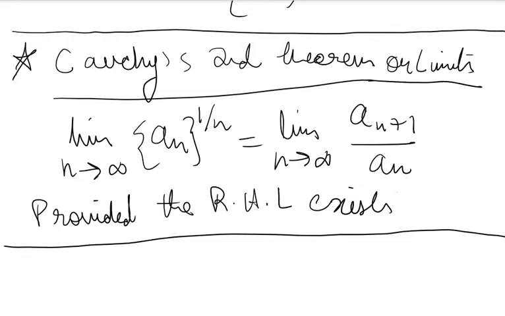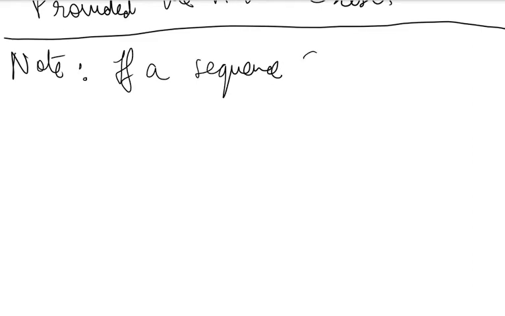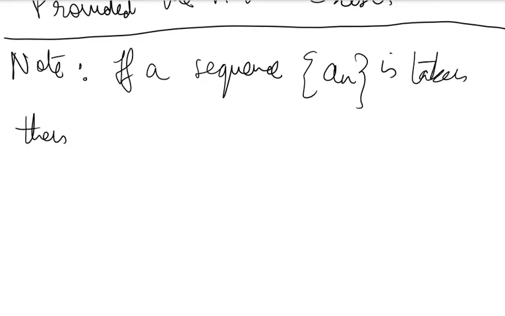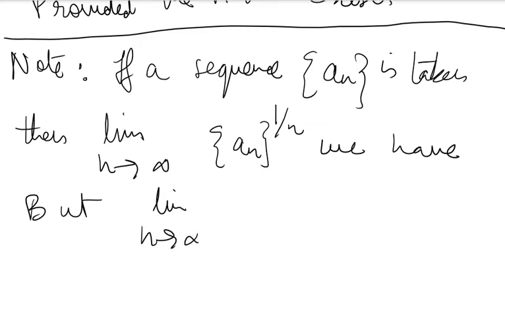Now let's put it on a note. If a sequence a_n is taken, then limit n tends to infinity a_n whole to the power 1 by n may exist, but limit n tends to infinity a_(n+1) by a_n may not exist.